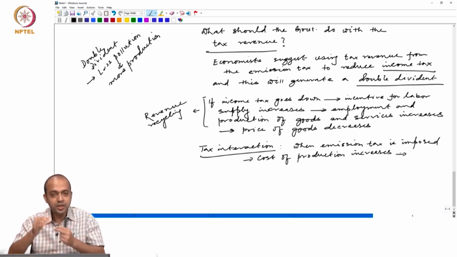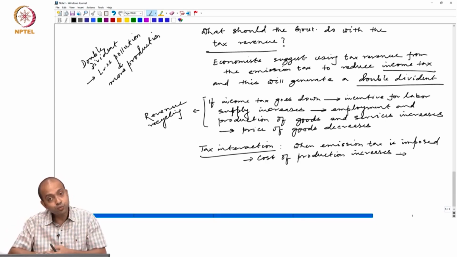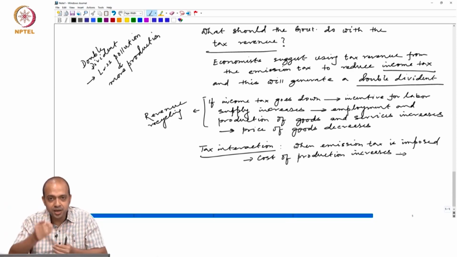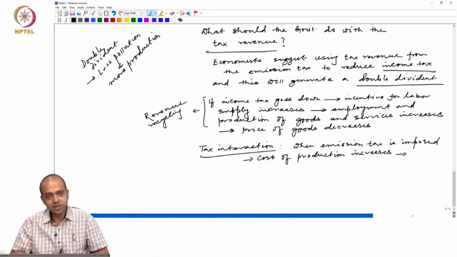They will try to bypass some amount of this tax on the consumer as well.